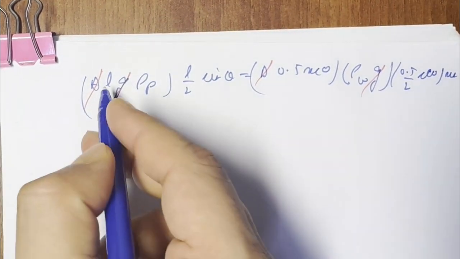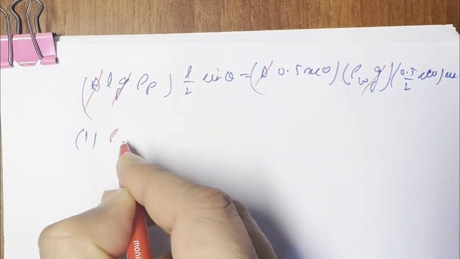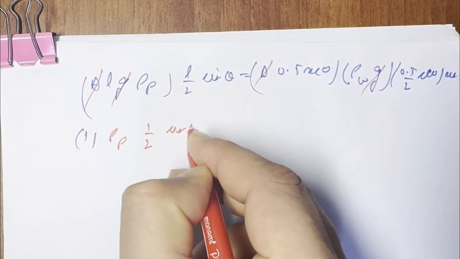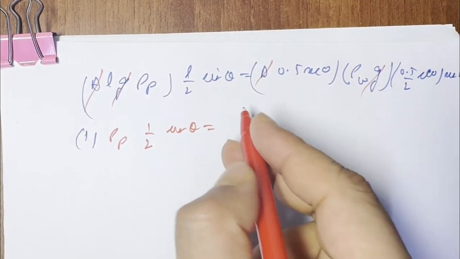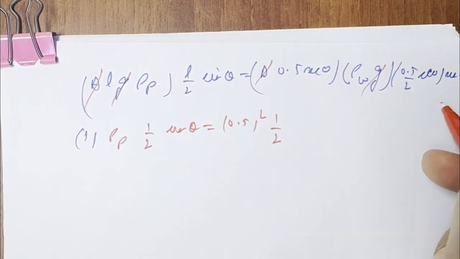We substitute the value. Length is given as 1, and we have here rho p, and this will be 1 by 2 sine of theta, and from here we have 0.5 here and 0.5 here, so 0.5 square.